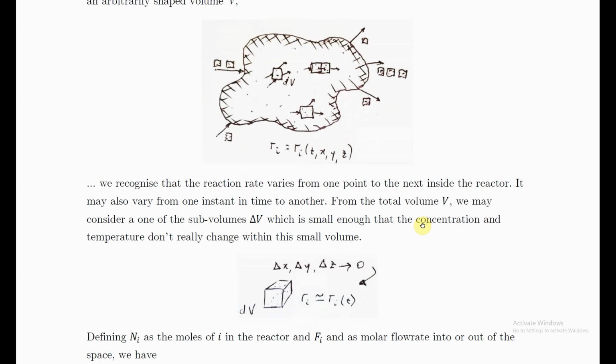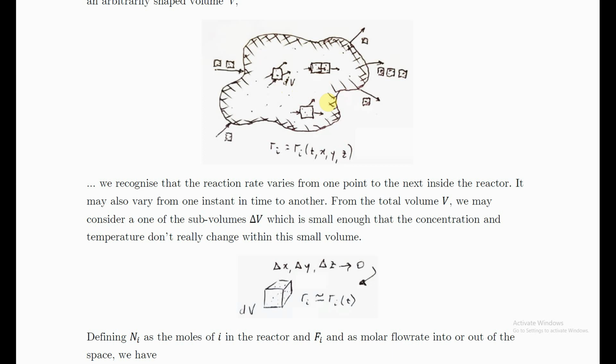And the typical way that we handle such complexity in engineering is we partition the space. So if you see these little boxes drawn in the space here, these boxes are little differential elements. So they aren't real boxes that are sitting in the reactor. Those are conceptual boxes.